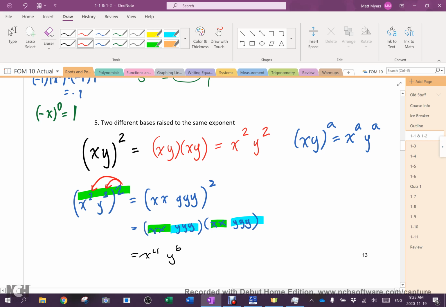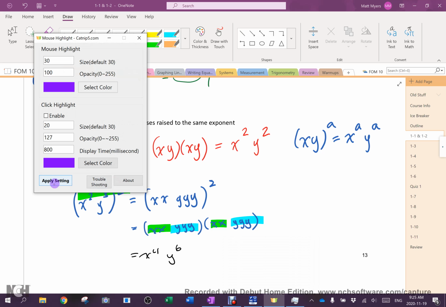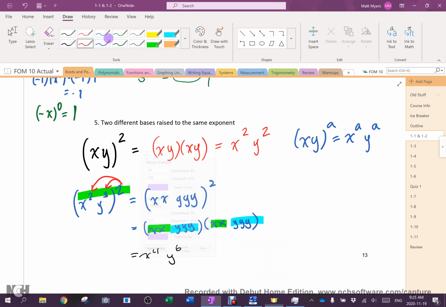Now, there is one thing that you all screw up here. If I give you this, 2x squared y squared, squared, what would that answer be?